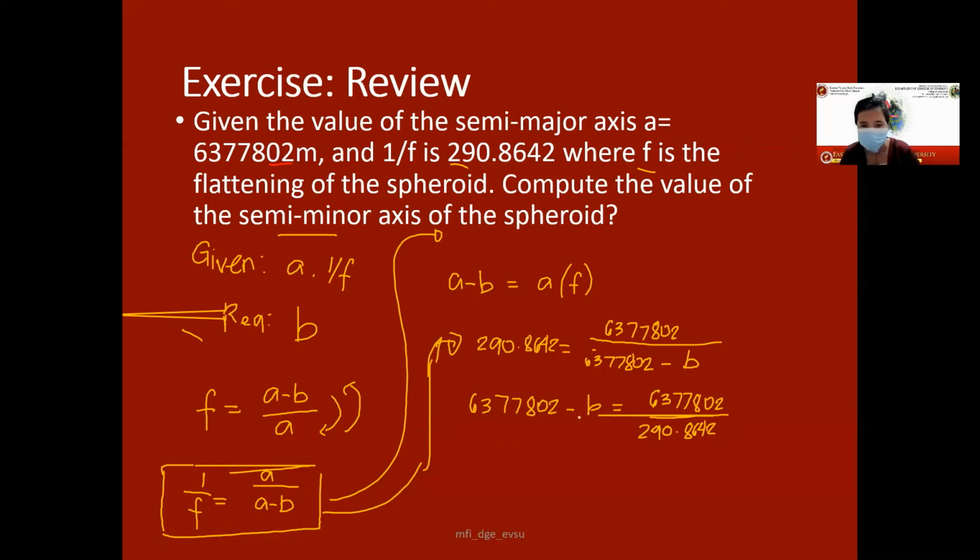Okay, so now we transpose the 6377802 to the right side.